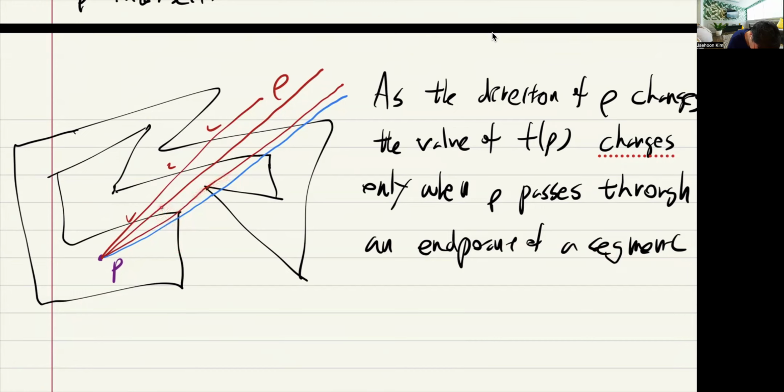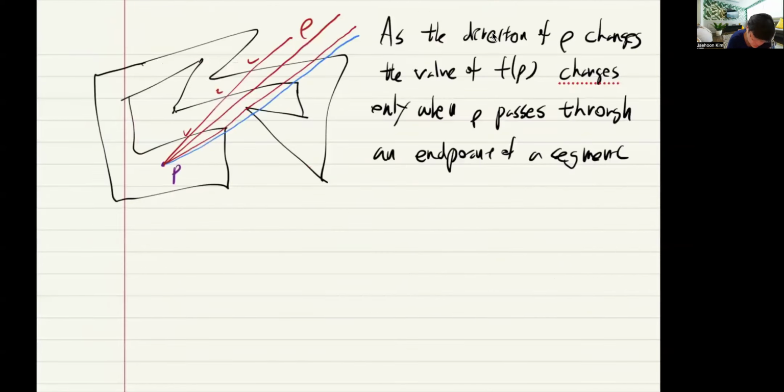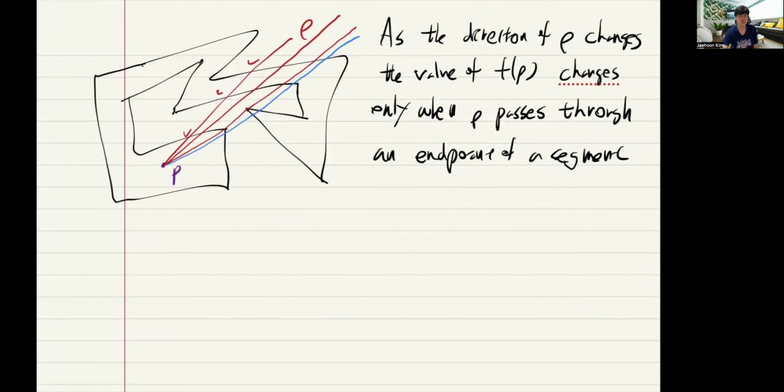This line here didn't intersect anything here, but now it's hitting this vertex. So it's intersecting two, and then after that, it's still intersecting two, right? So the value of f changes only at those points.